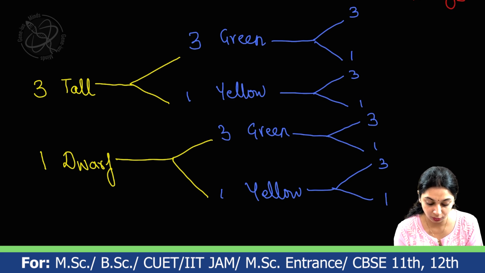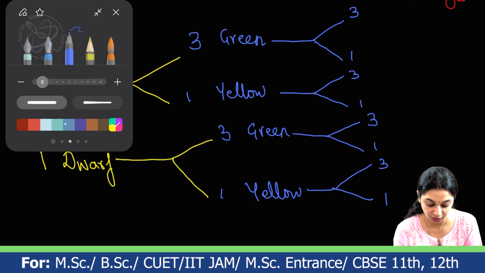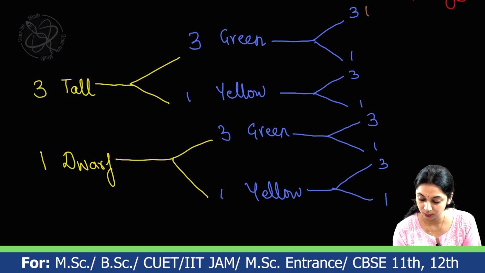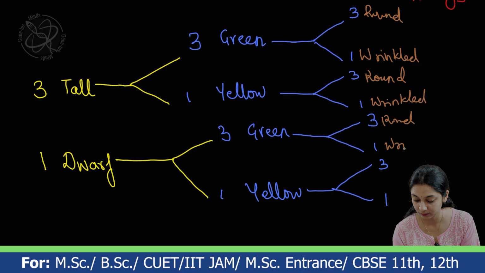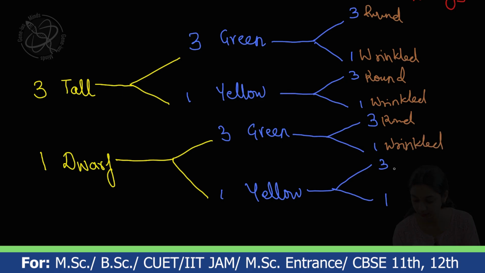The third character we have taken is the seed shape. It can be round for the dominant one, wrinkled for the recessive one. The same applies here also. So with this you have made an outline.